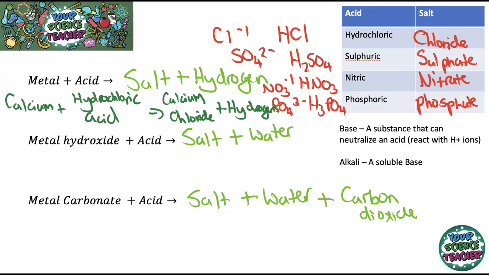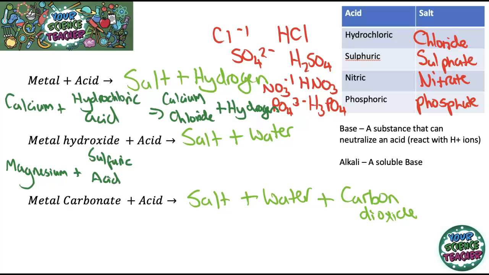For example, this time if I had magnesium and I was to react it with sulfuric acid, sometimes you see sulfuric acid with an F or a pH, it doesn't matter which one you do in your exam, really.